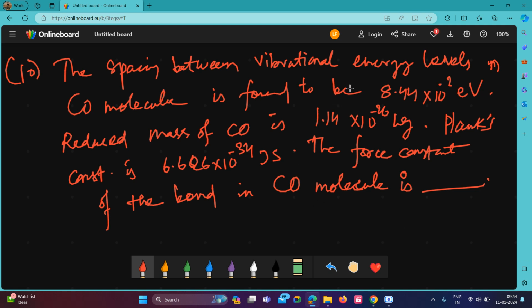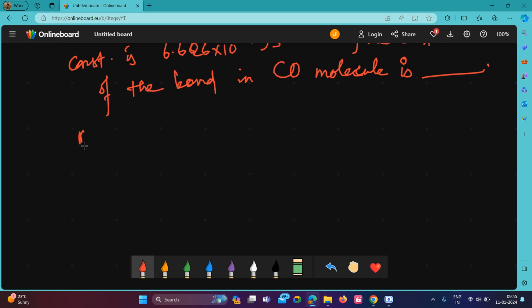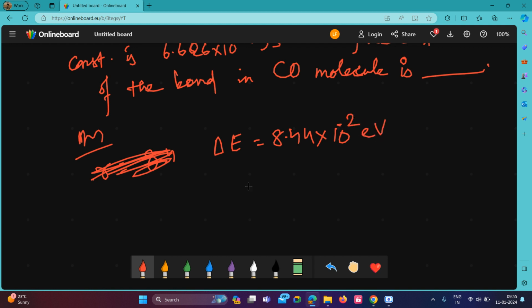The spacing between vibrational energy levels in a CO molecule is found to be 8.44 into 10 to the minus 2 electron volt.